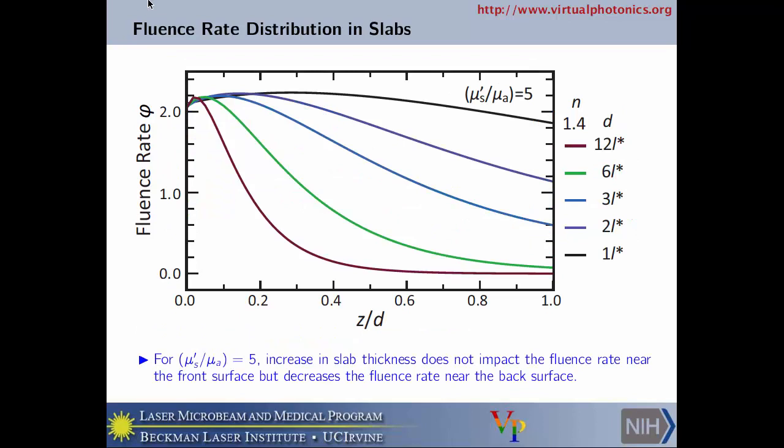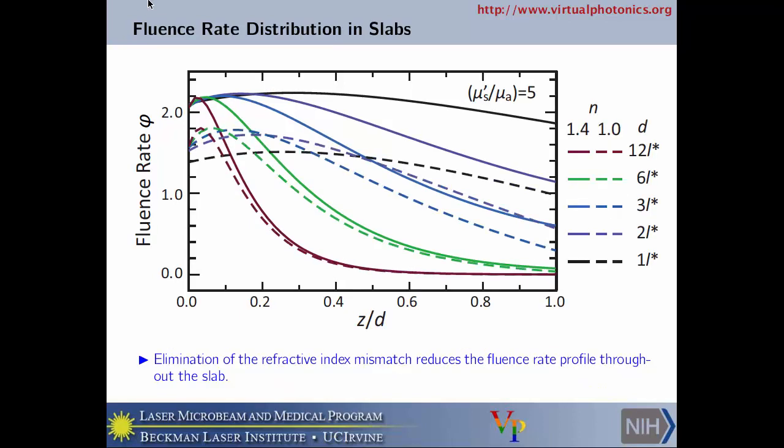In the case of a highly absorbing sample, you'll see that because there's not that much backscatter, the fluence rate close to the surface, or the reflectance, ends up being very, very insensitive to your slab thickness. But the transmittance, or the amount of light that gets to the backside, is very, very sensitive to slab thickness. And then you can also look at the changes due to refractive index.